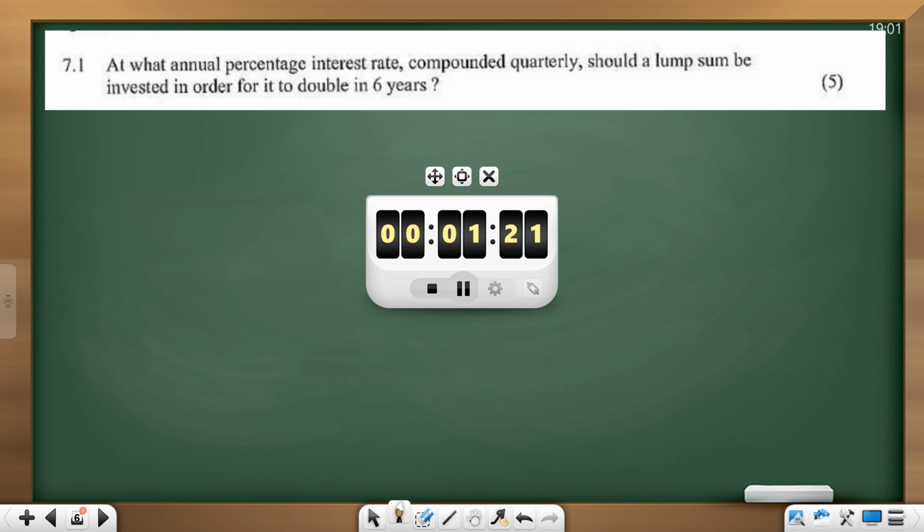We need to beat the time, guys. Beat the time. Once you are done, throw your answers in.